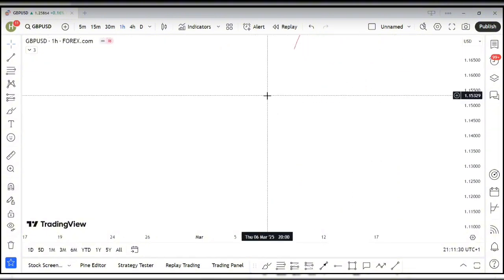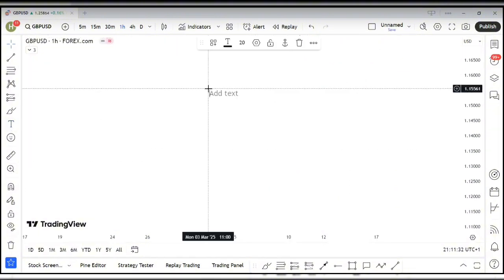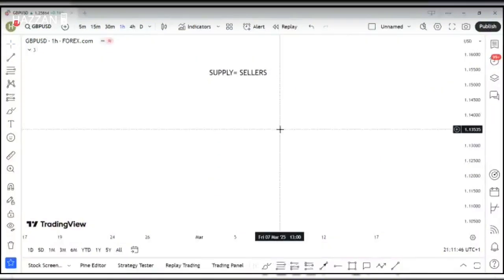So supply zone: supply equals sellers. A supply zone is when more sellers are willing to sell at a certain price. Supply increases, pushes price lower. When there is a lot of supply, when there are a lot of sellers in the market, they push price lower.